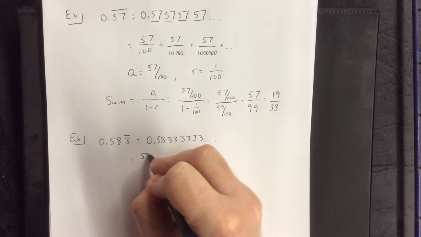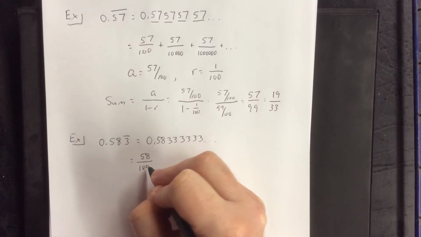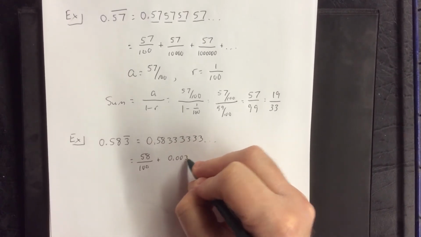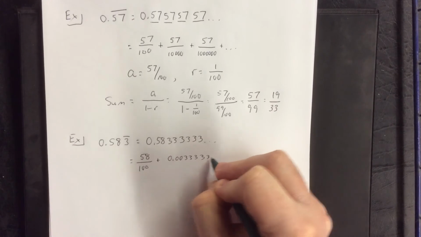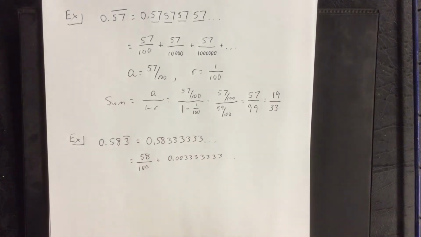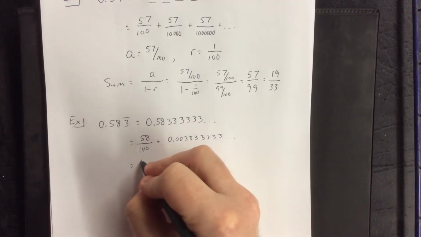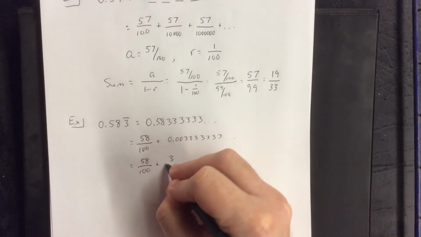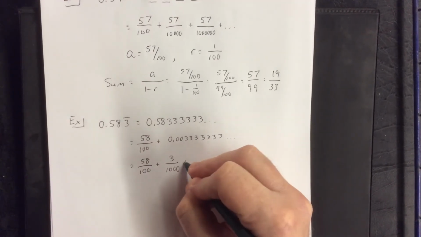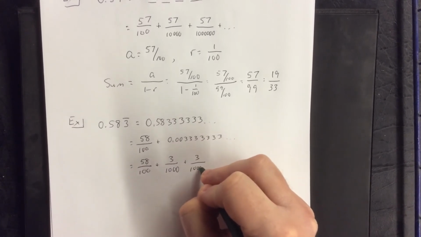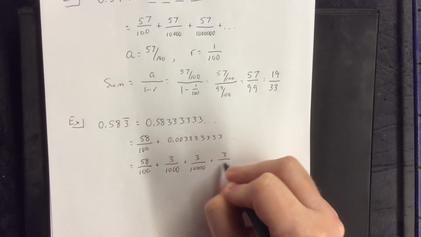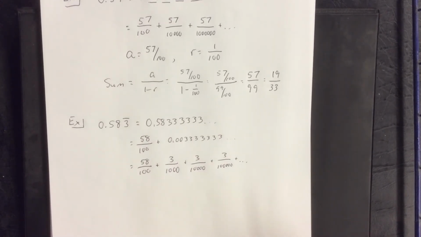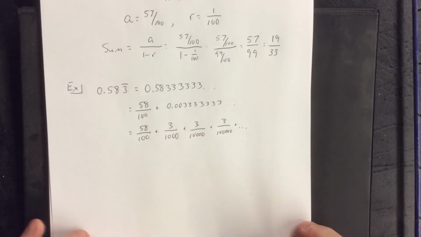So 58 hundredths for the beginning, and then 0.00 with the repeating 3 at the end. Now, putting our focus on just the repeating decimal portion, this would be 3 thousandths plus 3 ten-thousandths plus 3 hundred-thousandths, etc. We notice that this is periodic with a period of 1.